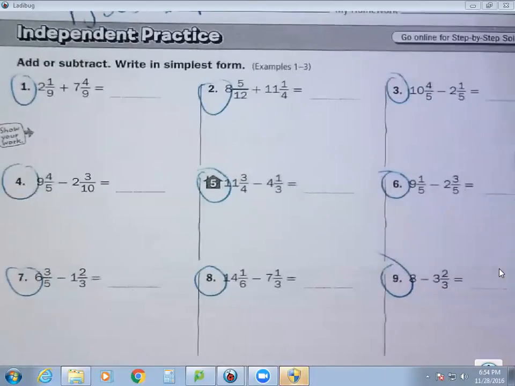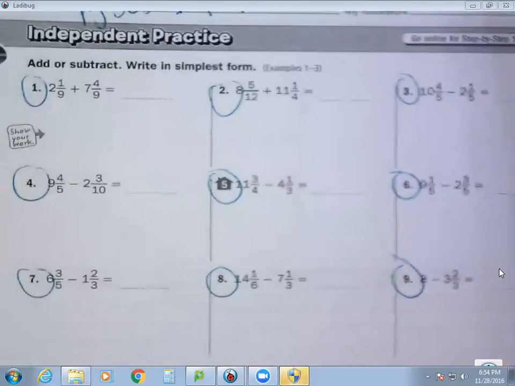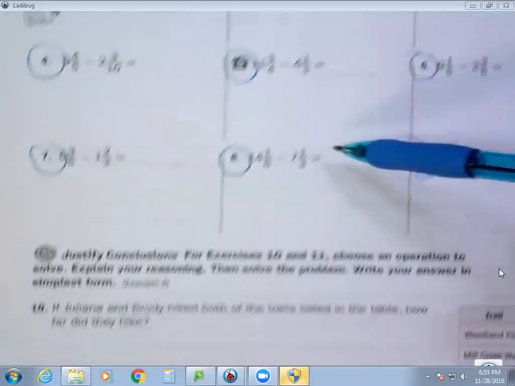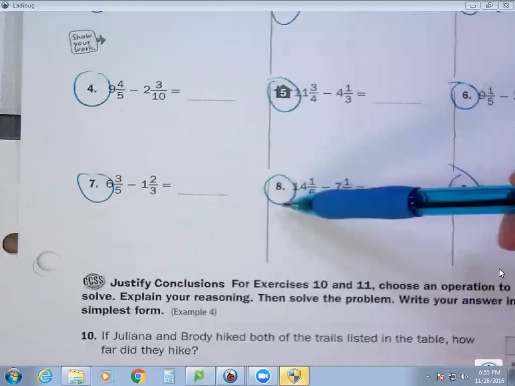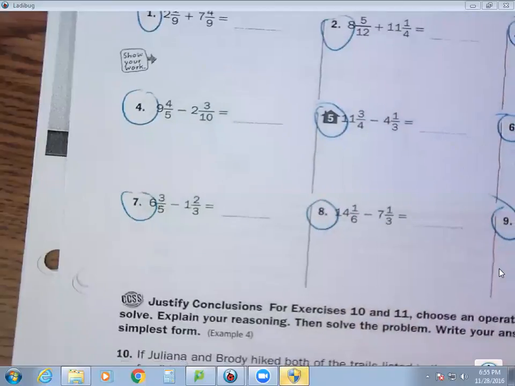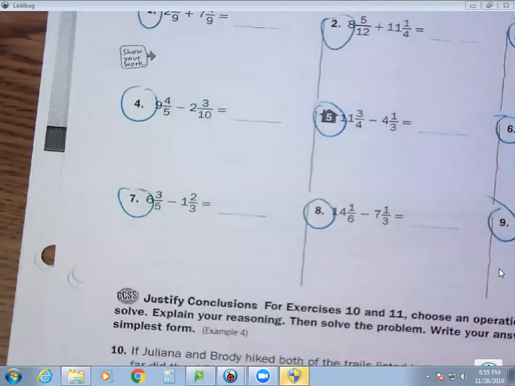Of course, as usual, you may work with one partner quietly or check with them as you're getting your answers to see if they've come up with the same things as you. When you finish with your homework, you may find something to do, or you may continue on and do some of these other problems, or make up some problems of your own to practice getting these from mixed numbers to improper fractions and back, vice versa.